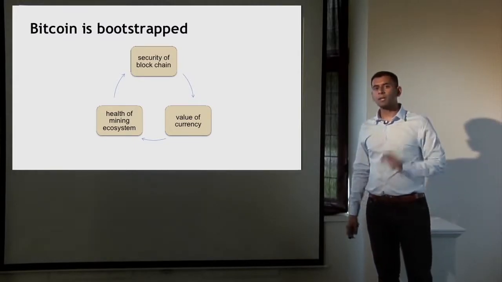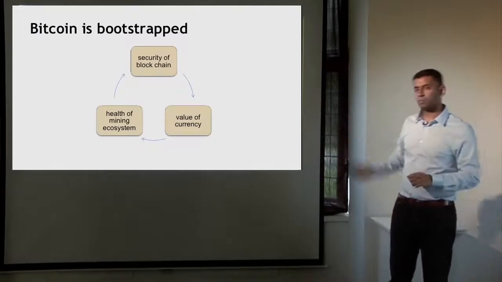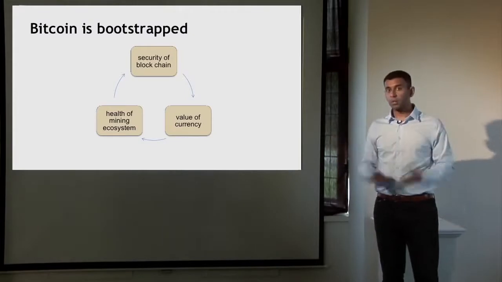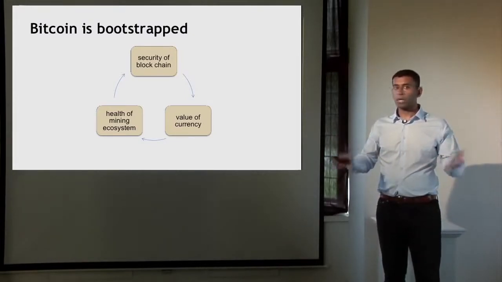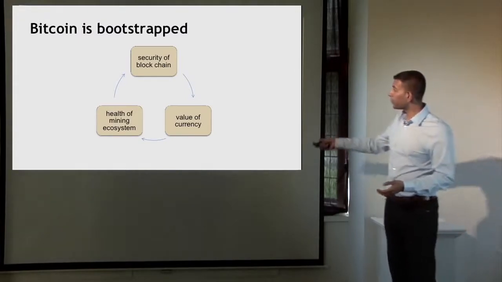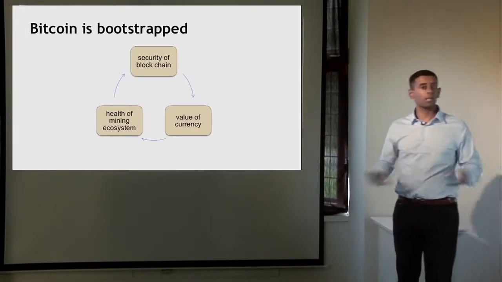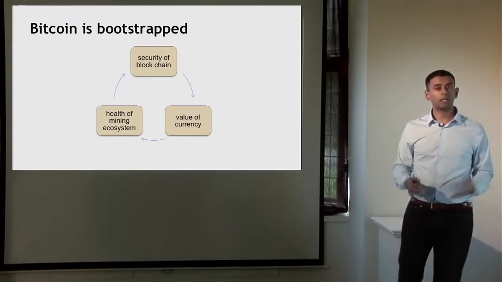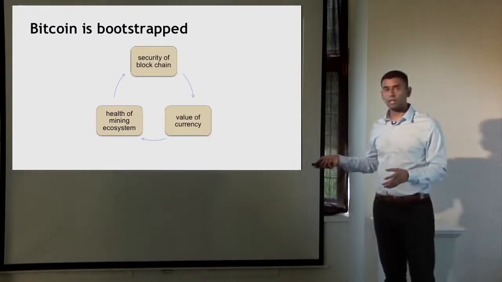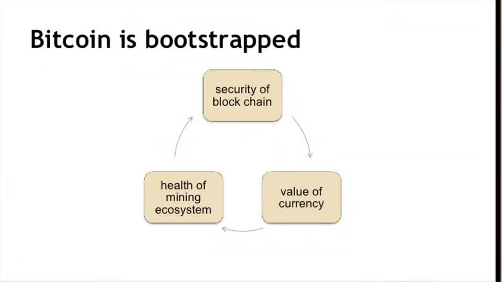So one might flip that around and imagine at the beginning, during Bitcoin's creation, when none of these three things existed, when there were no miners other than what we believe to be Nakamoto himself or whoever the creator was running the mining software, and when Bitcoin didn't have a lot of value as a currency, and when the blockchain was in fact insecure because there was not a lot of mining going on, and so anybody could easily overwhelm this process. How do you go from there, not having any of these three properties, to having all three of them? And that is what I mean by bootstrapping.